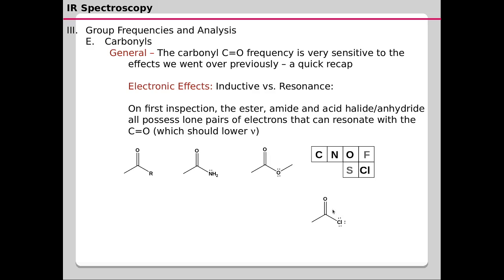And as for the acid chloride, the chlorine is also rich in lone pair electrons, and the lone pair electrons can be donated towards the carbonyl carbon, changing the bonding environment around the carbonyl functional group, whereas the chlorine, being highly electronegative, can pull the electron density towards itself. Again, this alters the bonding environment around the carbonyl functional group in a different way.